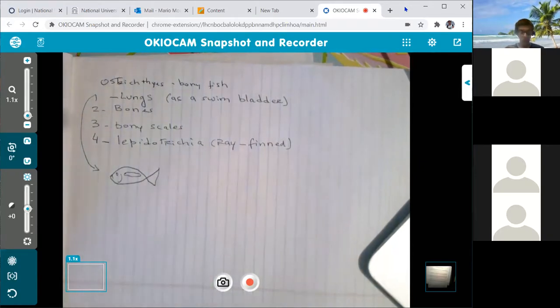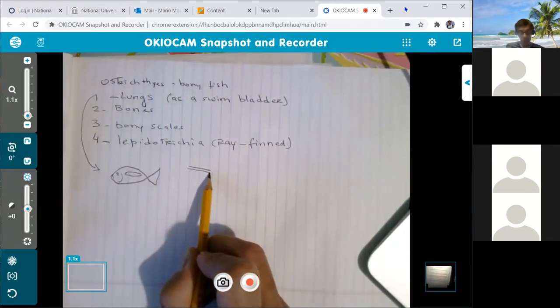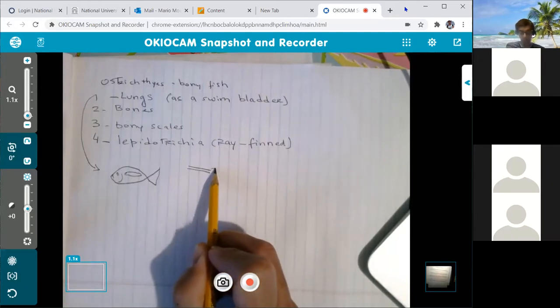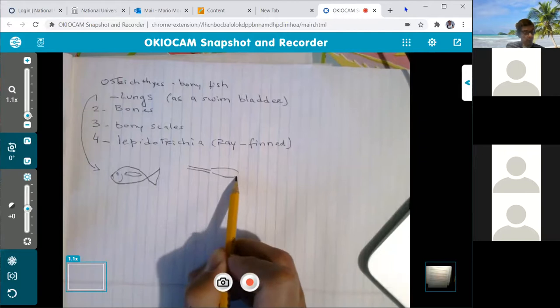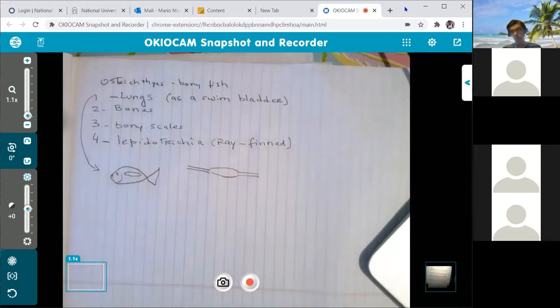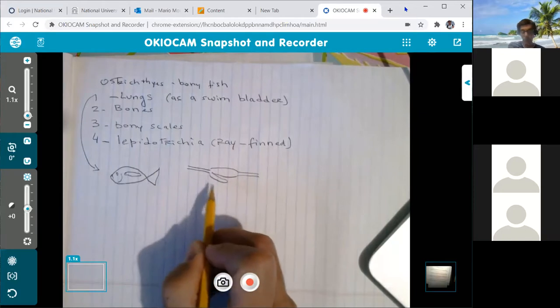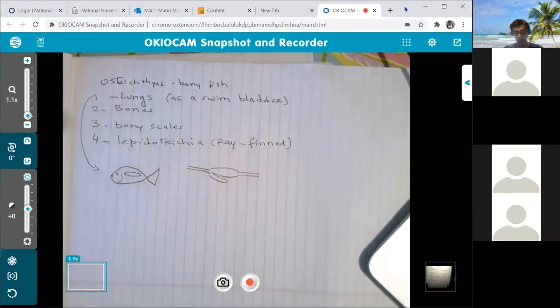So now going back to Osteichthyes, it starts as just, here's the esophagus, and then let's say you have the guts of the fish, the stomach and the intestines and all that. If you look at primitive fish, all the way to modern, you see the different stages of how the swim bladder developed. First it started as just a little pocket of air from the gut that they would fill up with air and then empty when they wanted to sink.